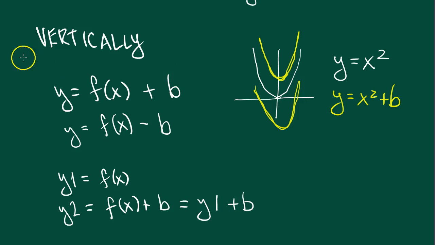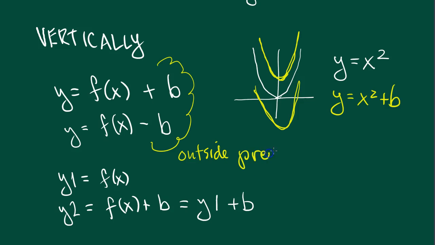In other words, this addition or subtraction that we make outside the parentheses makes a change to the y values only. The x values stay precisely where they were.